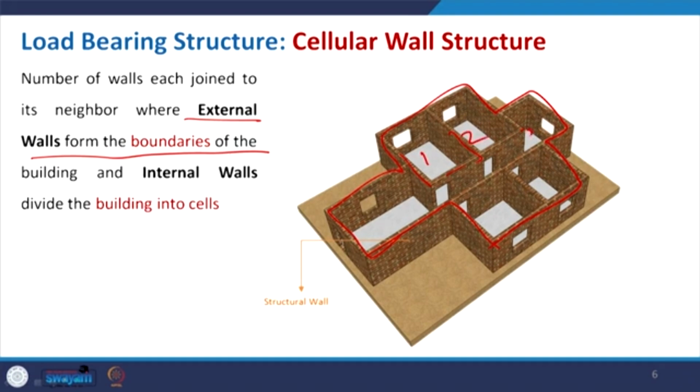So, 1, 2, 3, 4, 5 and 6. So many cells being created. The outer walls give the boundary, the internal walls make the divisions and cells.